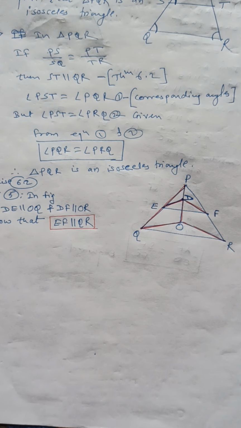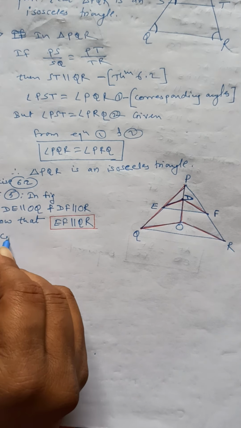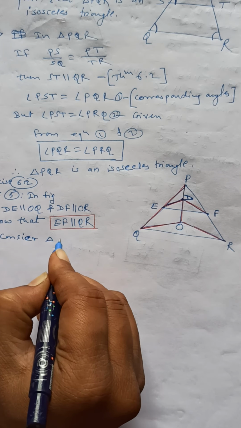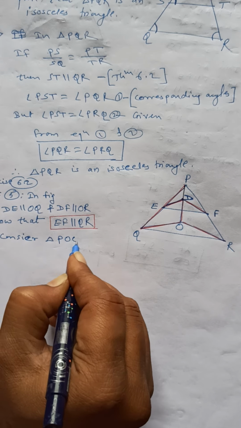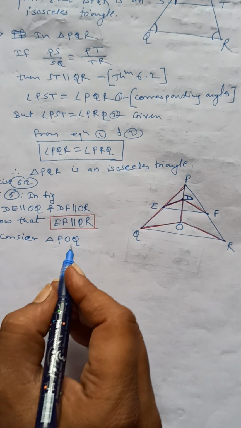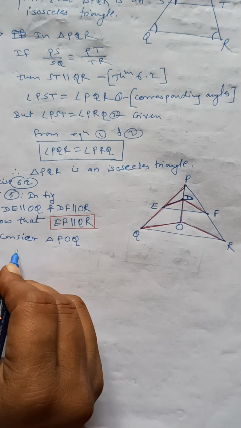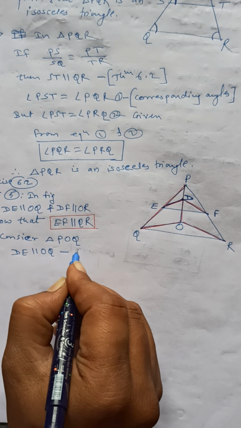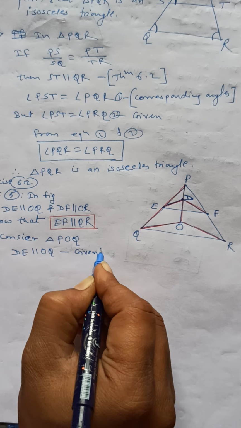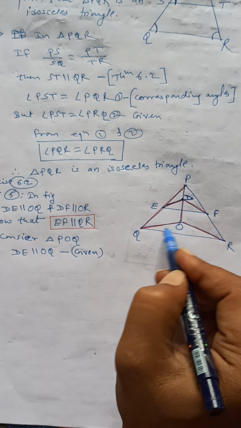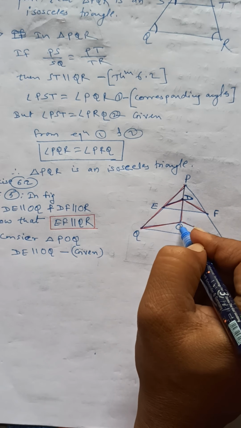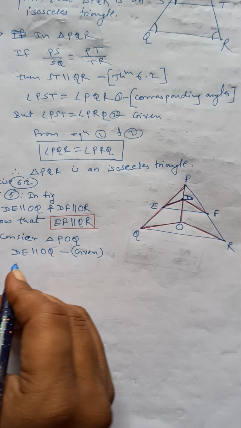I'll write here. Consider triangle POQ. In this triangle, what is given? DE is parallel with OQ. It is given. Therefore, we can say that PD upon DO is equal to PE upon EQ.